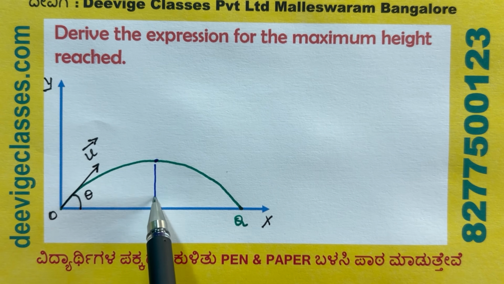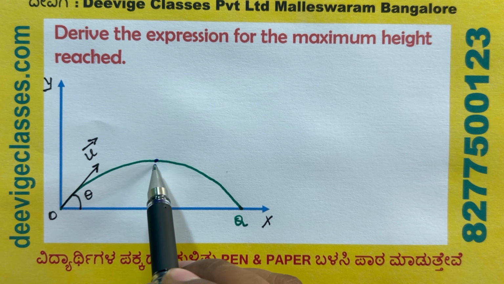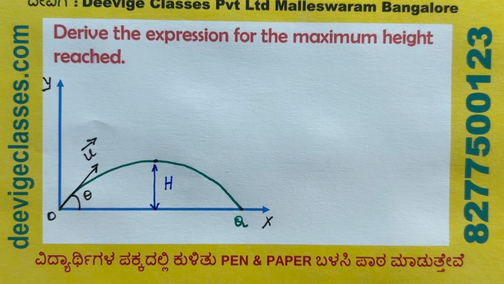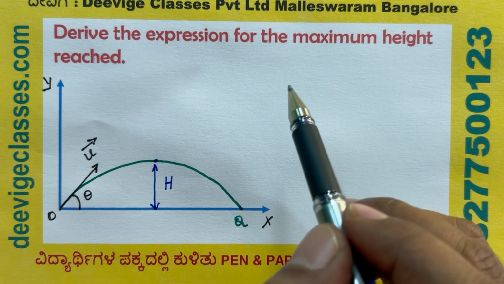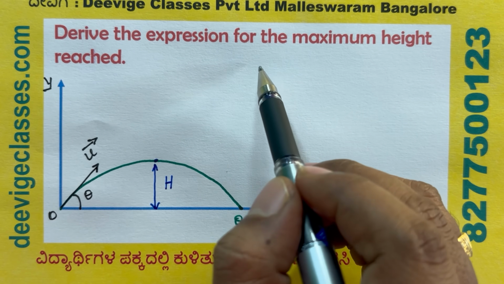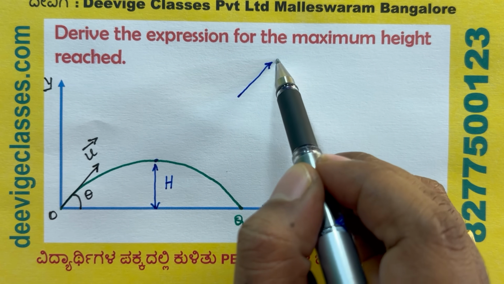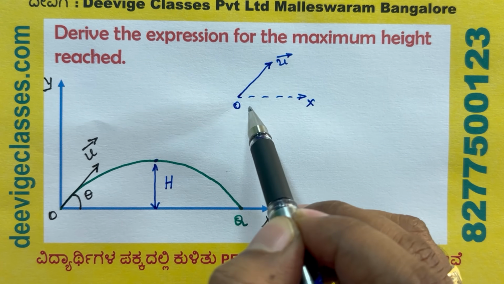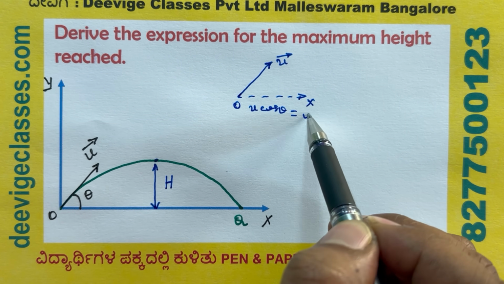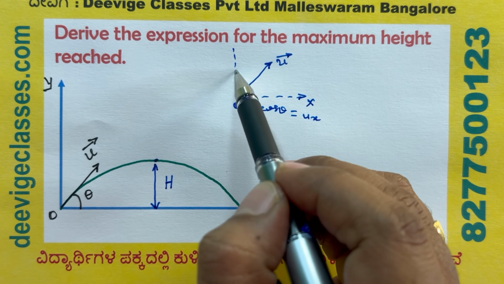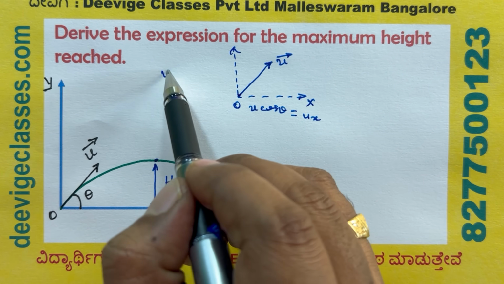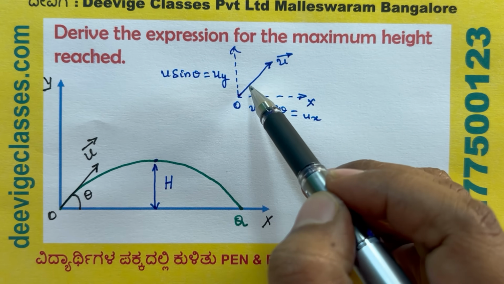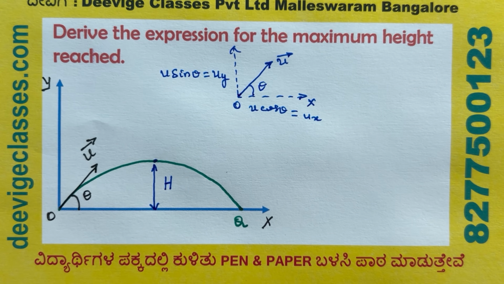This is nothing but the maximum height, denoted by capital H. We also know that the initial velocity vector can be resolved into its components: u cos theta is equal to u suffix x along the x-axis, and u sin theta is equal to u suffix y in the vertical direction, with reference to the angle theta here.